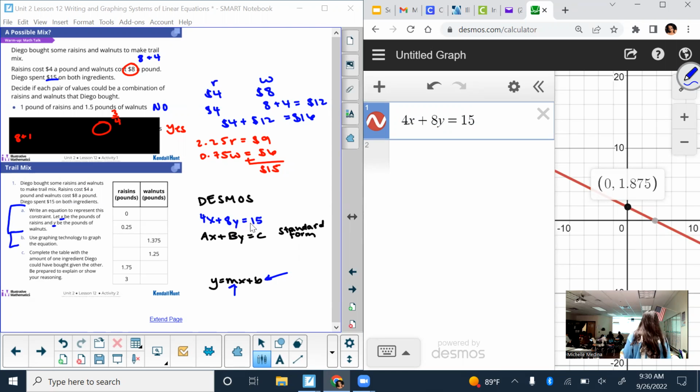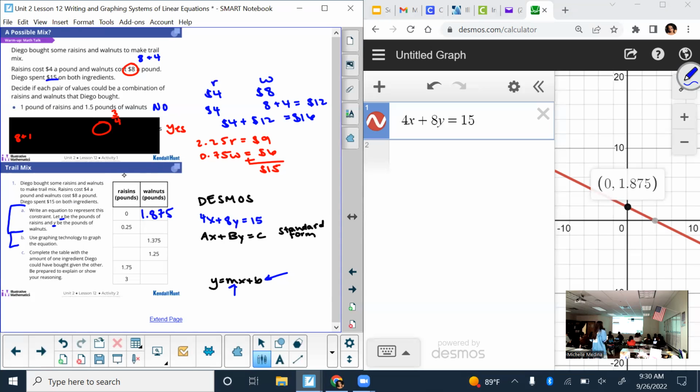Good. So now, using this graphing technology, we're going to fill in this table. When there are 0 raisins bought, how many pounds of walnuts do I have? $1.875. That's what we just looked at. When x is 0, y is 1.875.